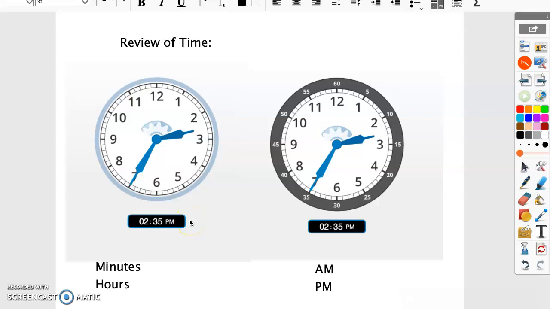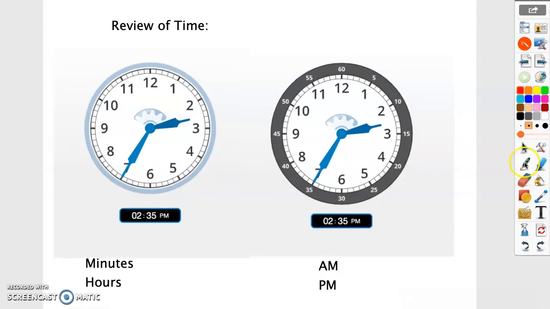The next thing I wanted to talk about is our minutes and hours, okay? When I think about minutes and hours, I think about my minutes as my long hand. You can see that the word minutes is much longer, has more letters in it than hours. So right here, this would be my minute hand because it's my longer hand, okay?